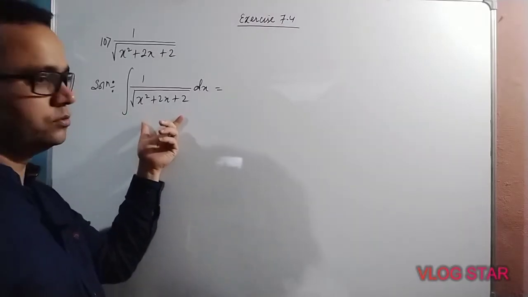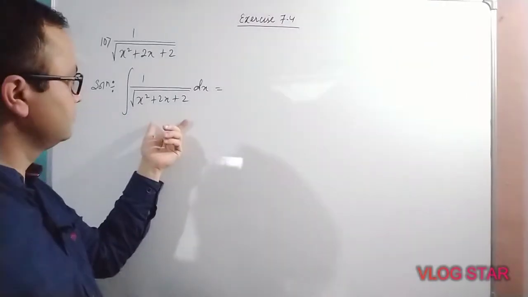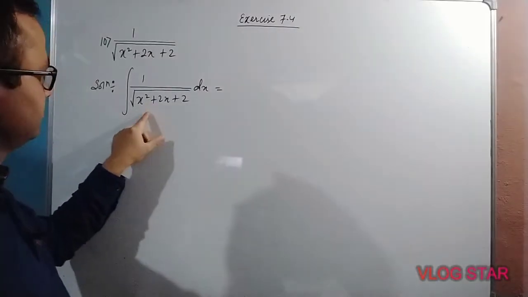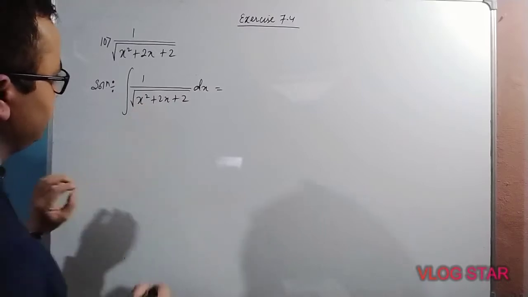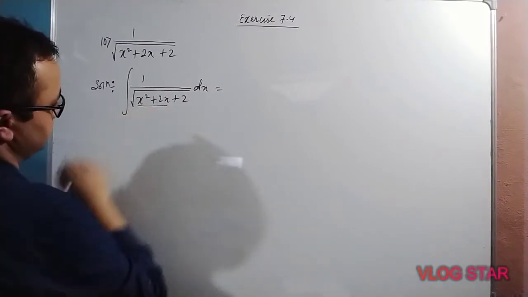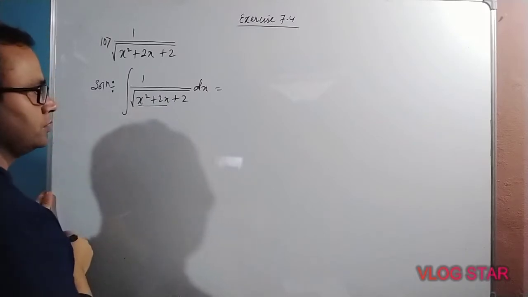make it into a standard form by using the method of completing the square. So completing the square, we have to make it into a plus b whole square. This is a plus b whole square.